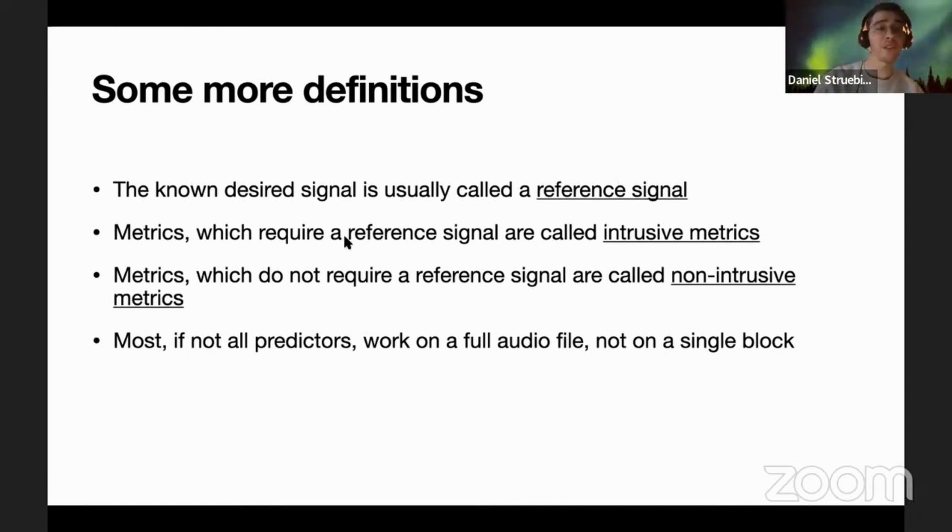And then there are metrics which require a reference signal, and these are called intrusive metrics. Intrusive meaning we need to have some insight of what's the best possible thing we can achieve, right? How can I put this the best way?